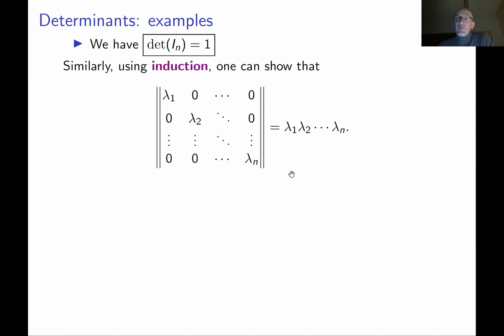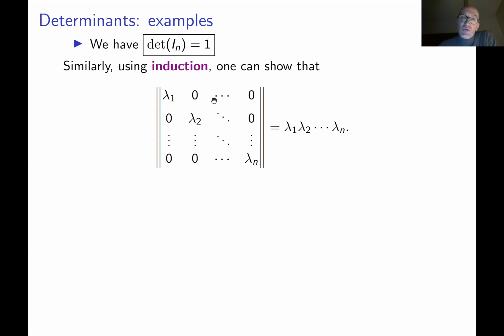If you play a little bit around with the same formula, you can get absolutely the same formula for what are called upper triangular matrices. These are matrices such that below the diagonal you have all zeros, and on top of the diagonal you have any numbers. Then the same formula applies. Basically, it follows from our definition.